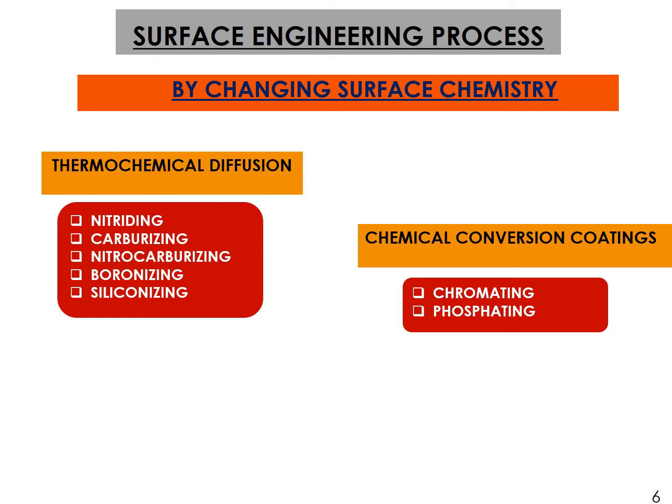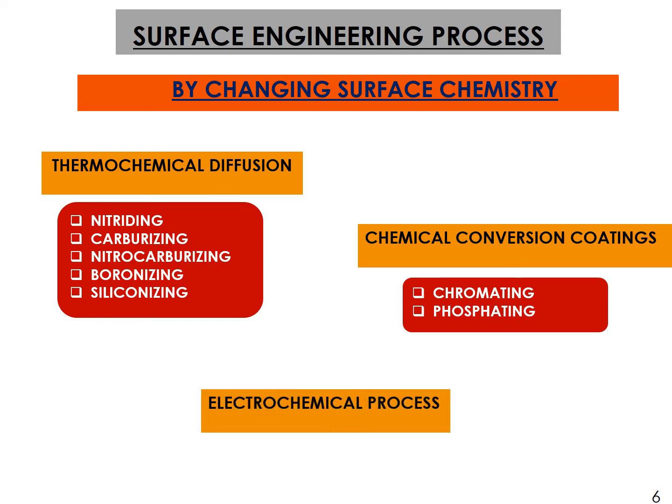Here, soluble metal phosphate layers are developed on the base materials, and generally these layers are porous. And again, these layers are suitable for further treatments also. So likewise, we can have more processes under these chemical conversion coatings.